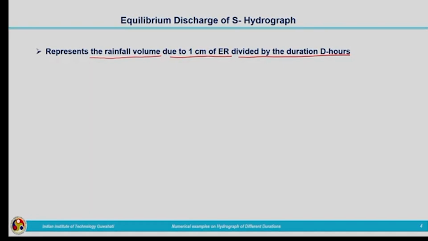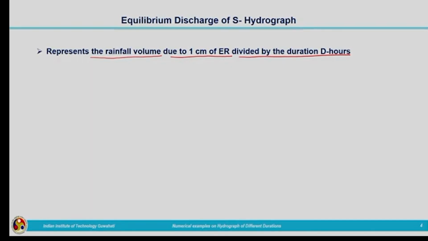Effective rainfall pulses are acting at a rate of 1 by D centimeters per hour. So, 1 centimeter of rainfall produces runoff at the outlet. That response is represented by the unit hydrograph. We are summing up the ordinates of the unit hydrograph with a lag of D hours.